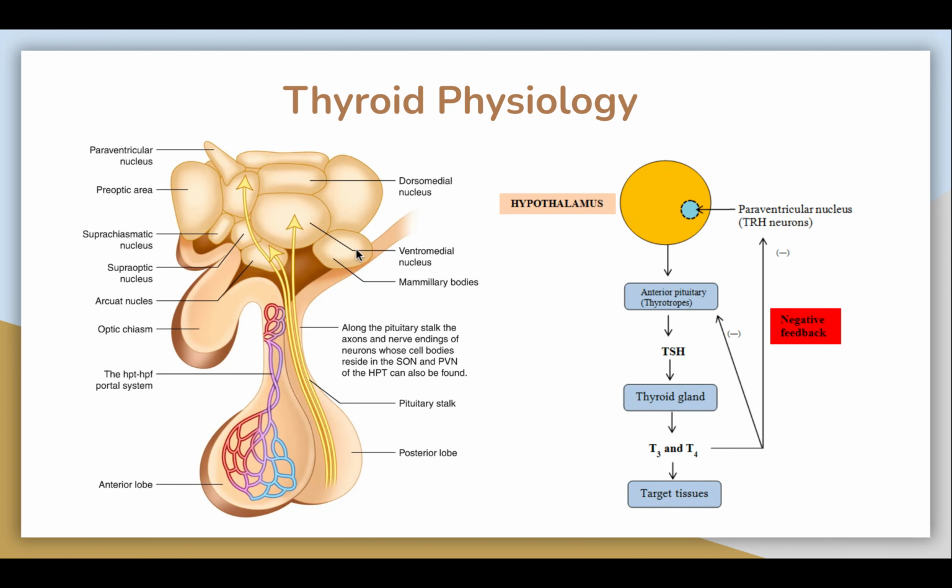So if you have masses in this location, the patient can manifest with some forms of blindness, specifically the bitemporal hemianopsia, bitemporal blindness. Okay, because you can have mass effect on the optic chiasm, which is a part of the visual pathway of the brain.